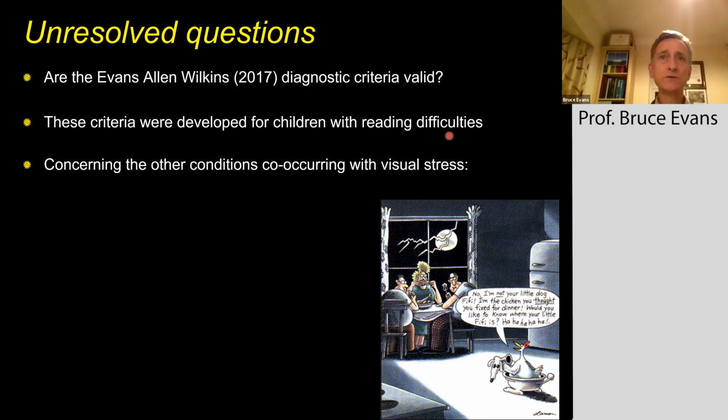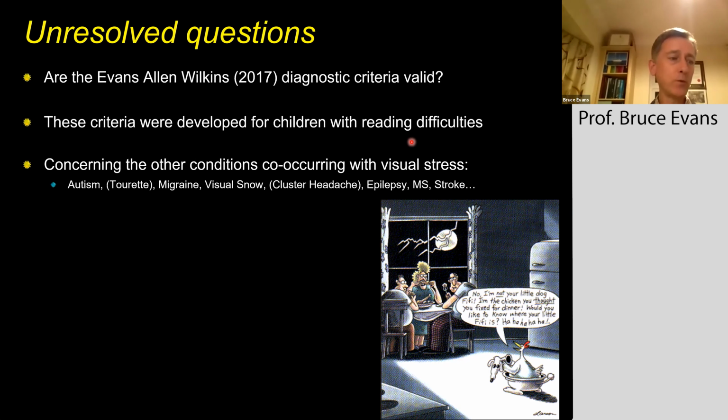This raises questions, though, about the other cases of visual stress, because visual stress co-occurs with reading difficulties, but it also co-occurs with autism, migraine, visual snow, as you've heard, cluster headache, perhaps epilepsy, multiple sclerosis, stroke. So really, we need to think about visual stress and its diagnosis in these conditions as well. And should it be diagnosed in the same way?